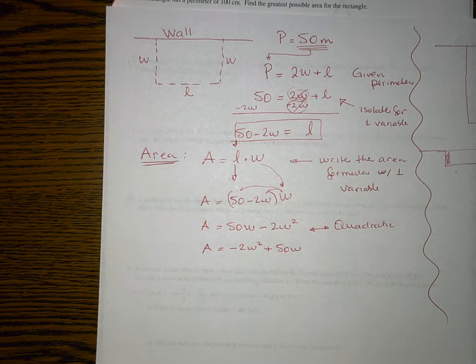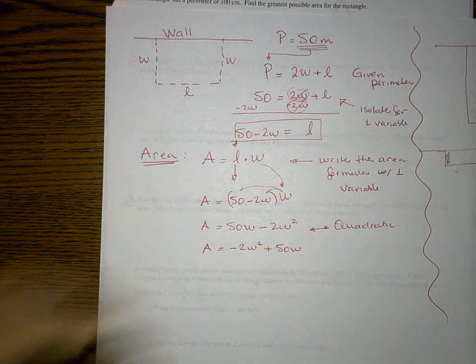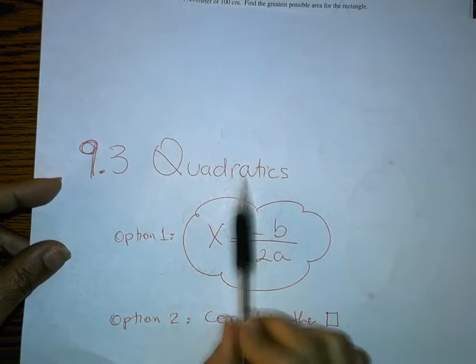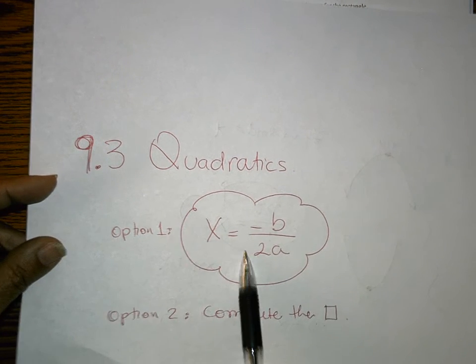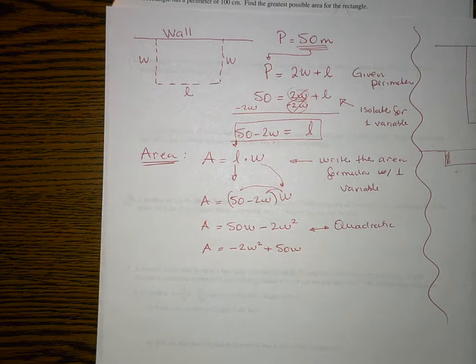Now that I have a quadratic, I can use my little formula that I talk about for quadratics. Whenever you have a quadratic, you can use this to find the vertex of your parabola. The vertex is the maximum or the minimum, and I'm trying to find the maximum area here.